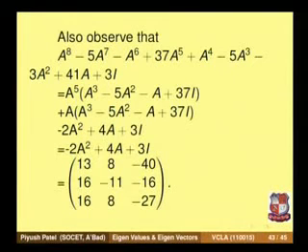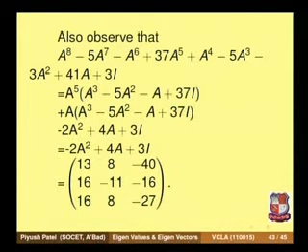The quantity in the bracket, by relation number 1, is equal to the zero matrix.